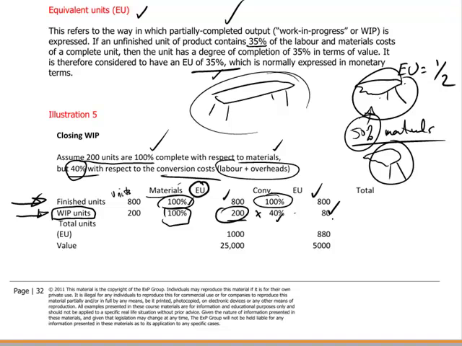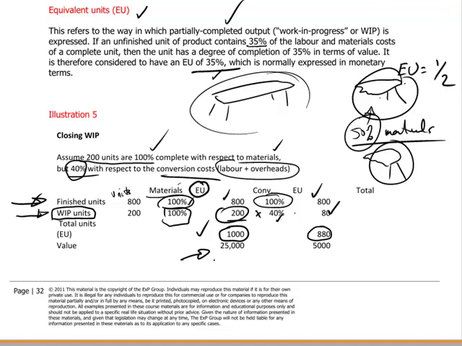Therefore, when we take the total value of our finished goods and work in process, from a materials point of view, we truly have 1,000 equivalent units in our stock, in our workshop. But from a conversion costs point of view, we have only 880 equivalent units. Now, suppose that the total materials costs for the production of these 800 finished units and 200 WIP units was $25,000.